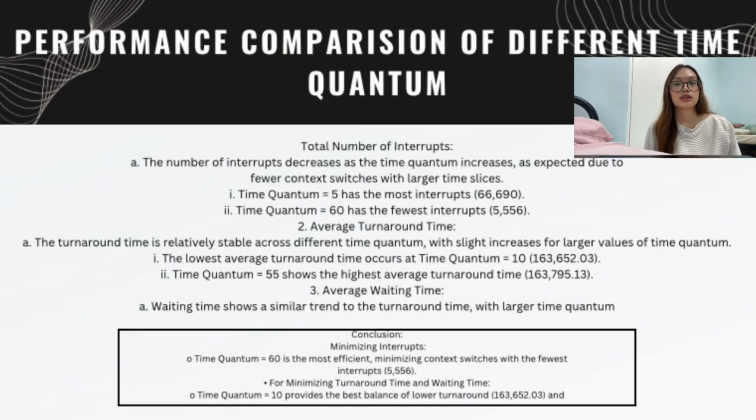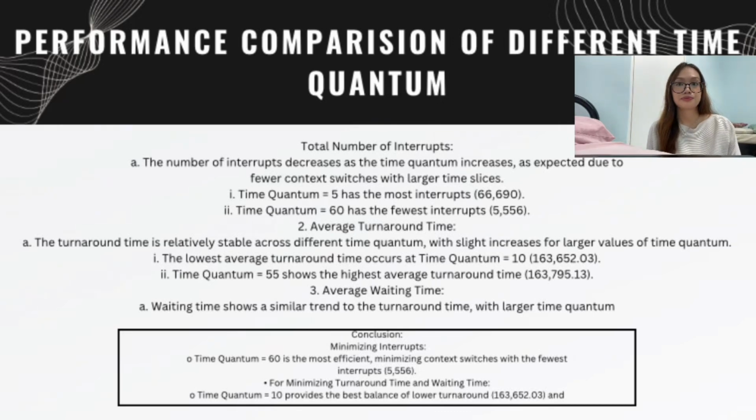As for the highest average turnaround time, it is time quantum 55, which is 163,795.13.